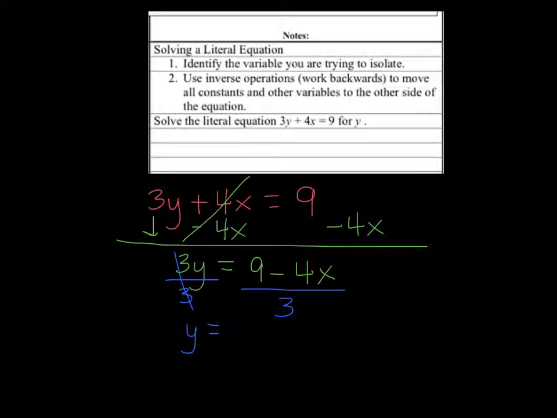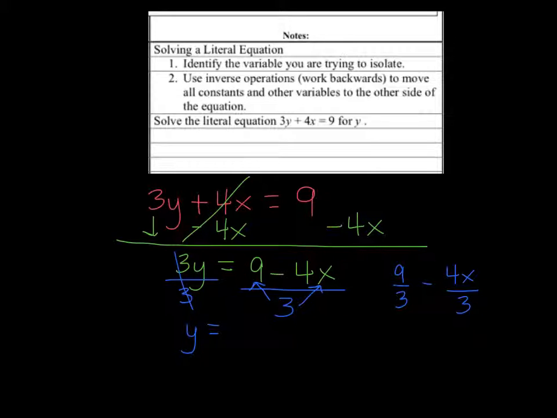So notice that we have 9 minus 4x, and all of those terms are being divided by 3. So 9 is actually divisible by 3, but negative 4x is not. So what you want to think about is it's like 9 divided by 3 minus 4x divided by 3. If you think about it like that, then this next part should make sense.